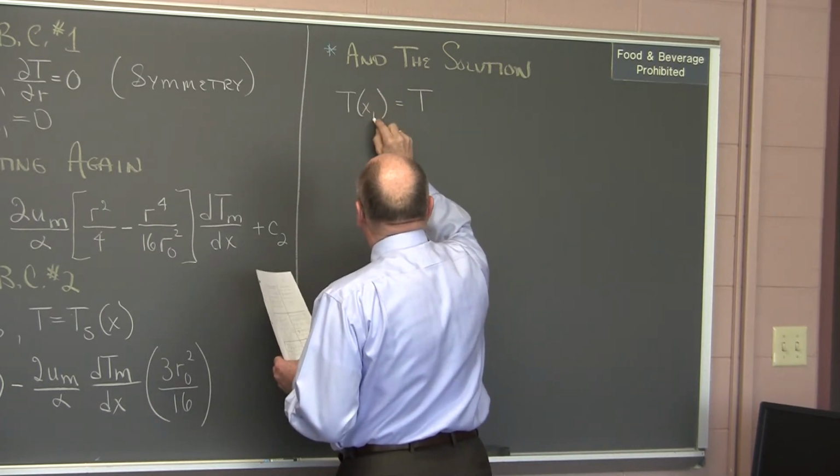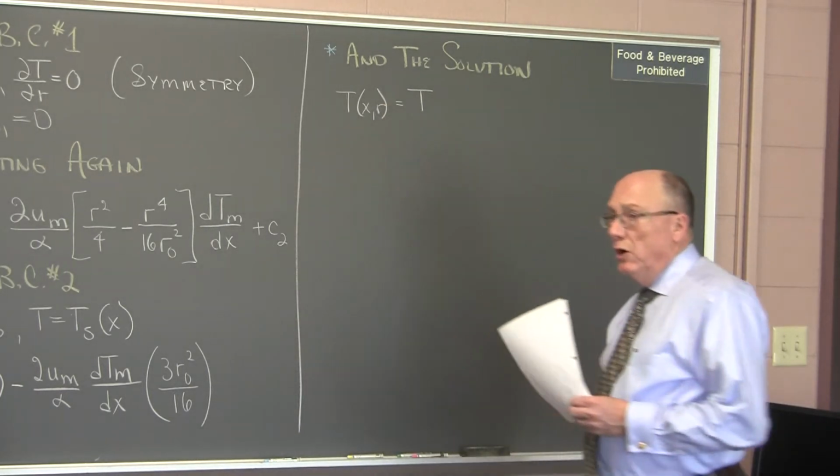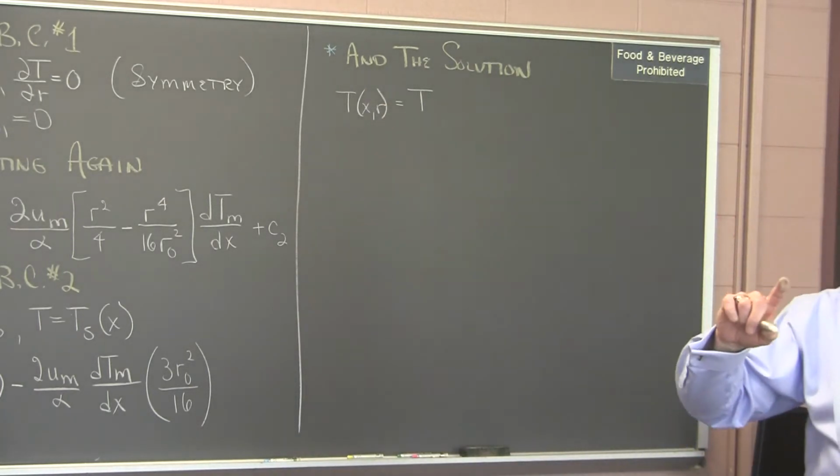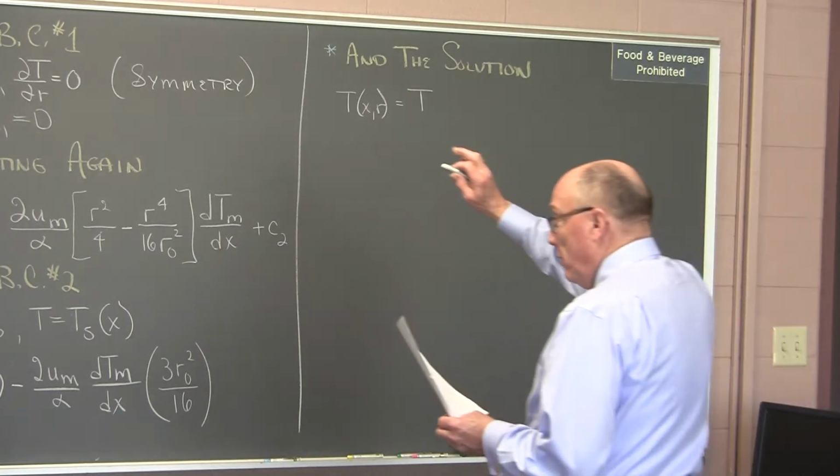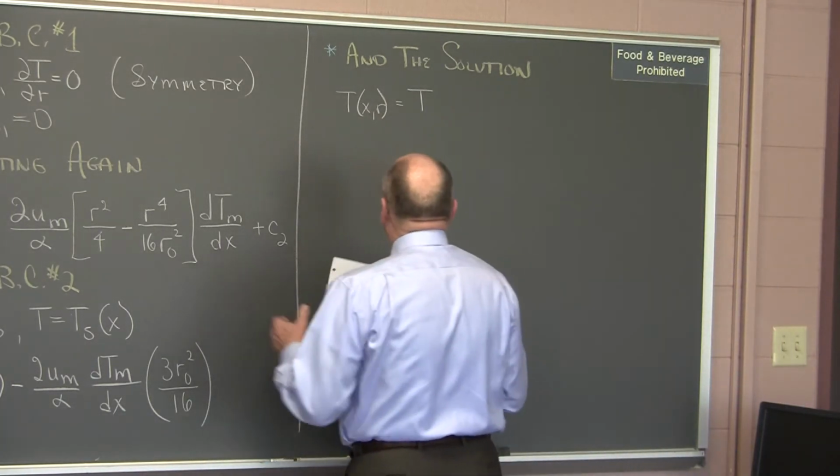This is a function of both x and r, because we know that the T changes as it moves down the pipe, although we have eliminated that through keeping this as a constant here.